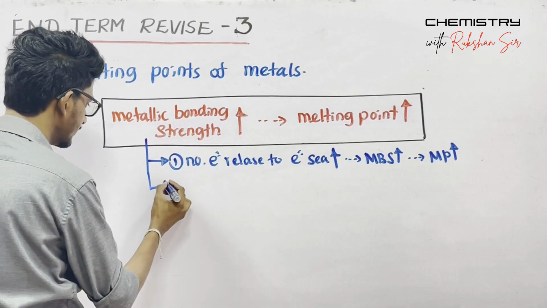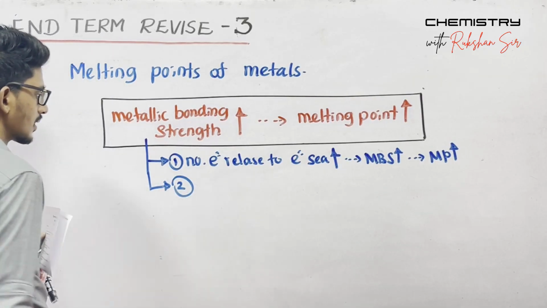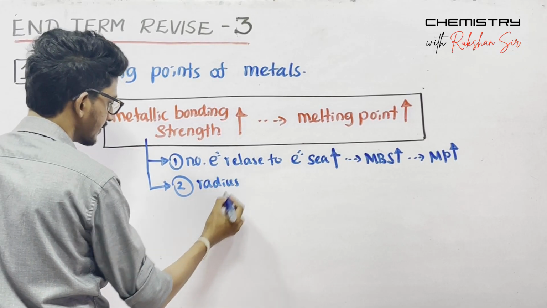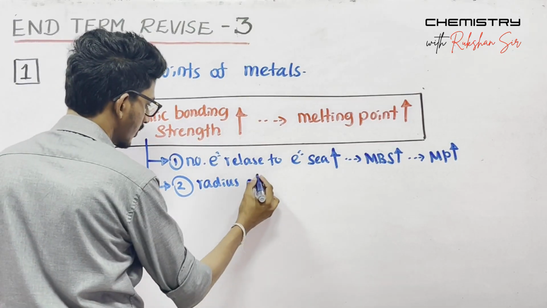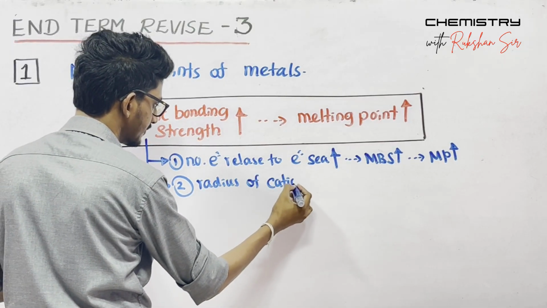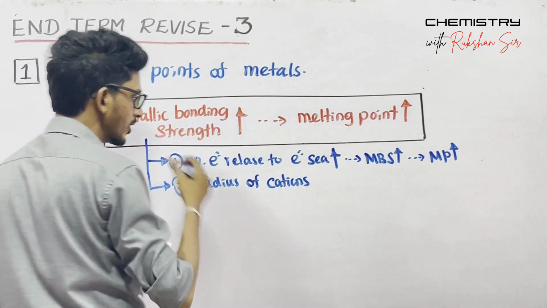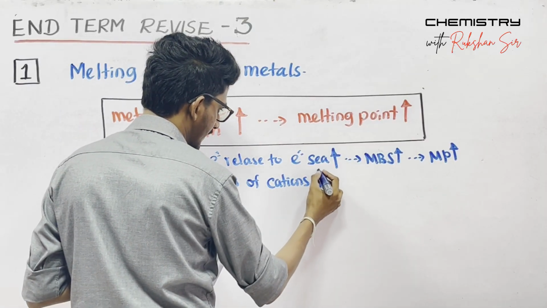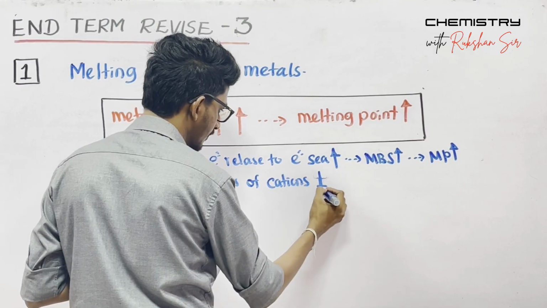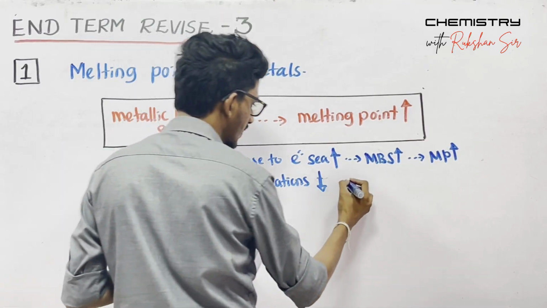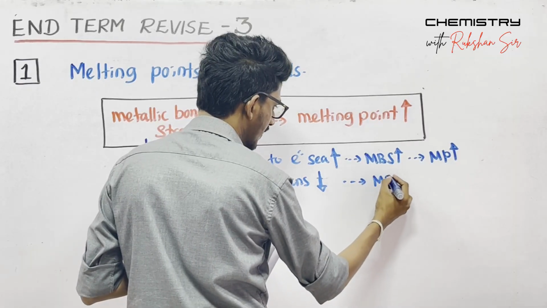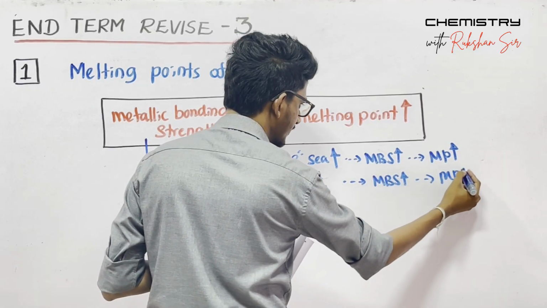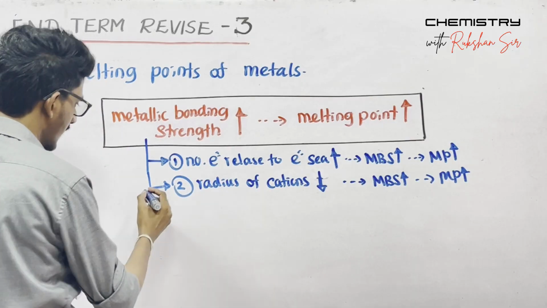Number 2, size or radius of cations in your electron sea. When the size or the radius is low, your metallic bonding strength is high, so the melting points are high, right?